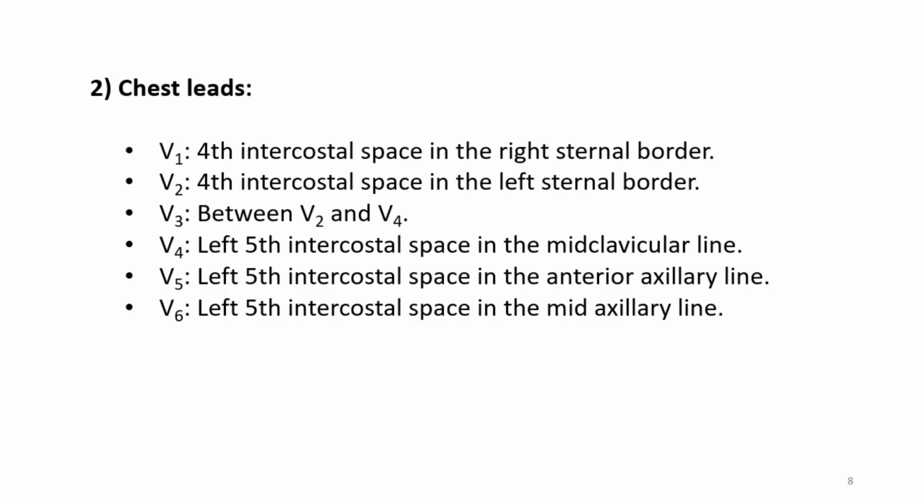V2 on the left hand side, and V3 between V2 and V4. V4 left fifth intercostal space in the mid-clavicular line, V5 left fifth intercostal space in the anterior axillary line, and V6 left fifth intercostal space in the mid-axillary line.